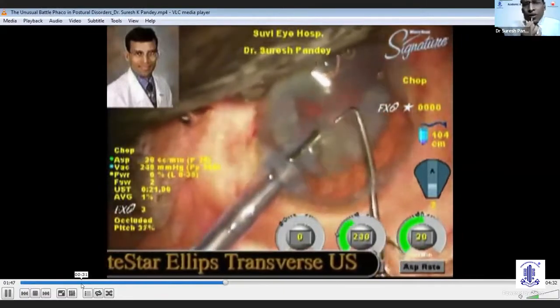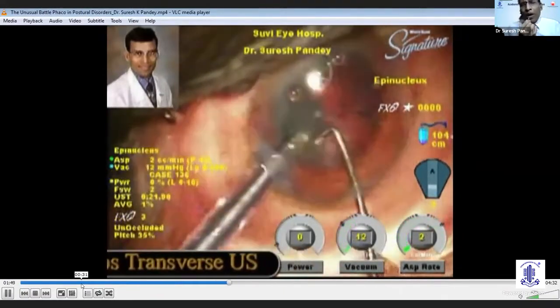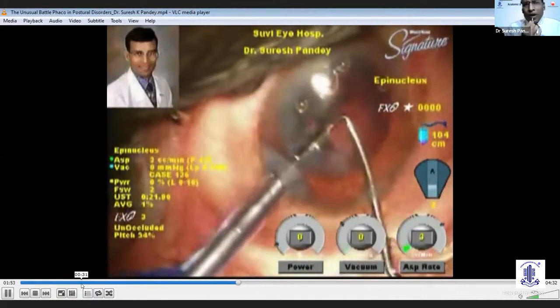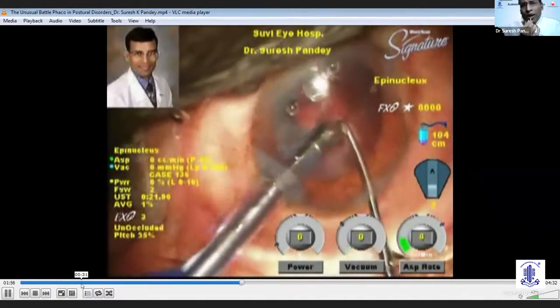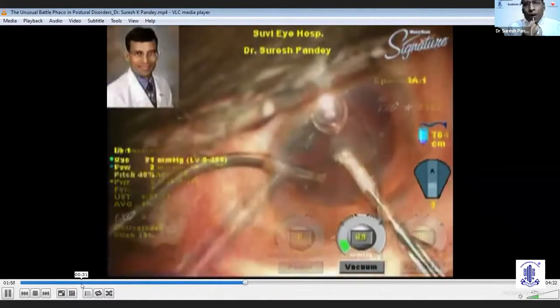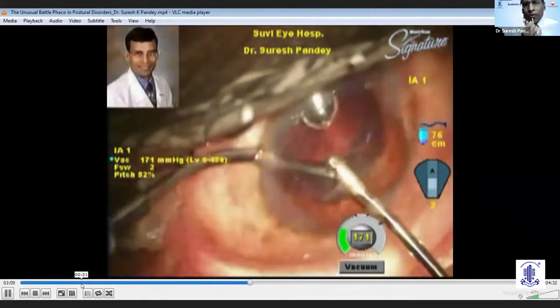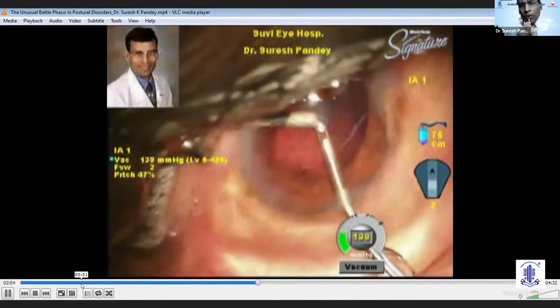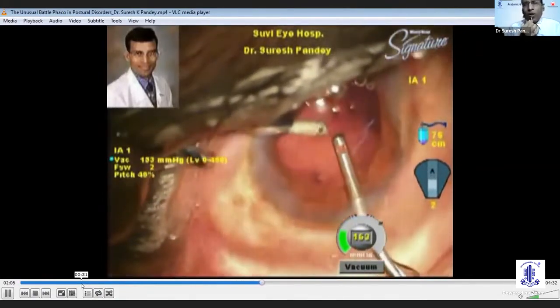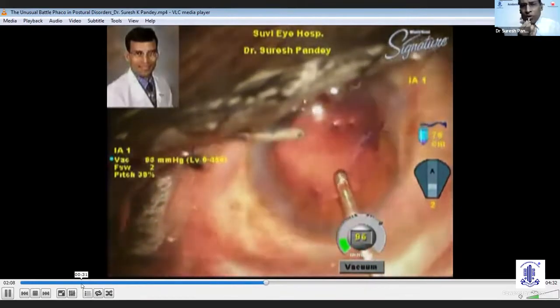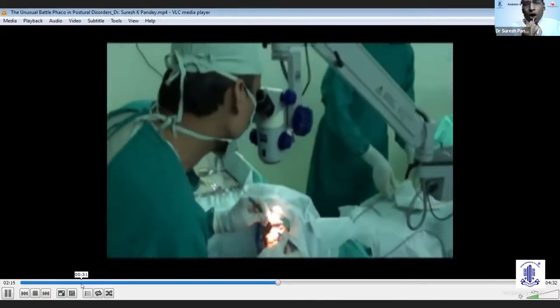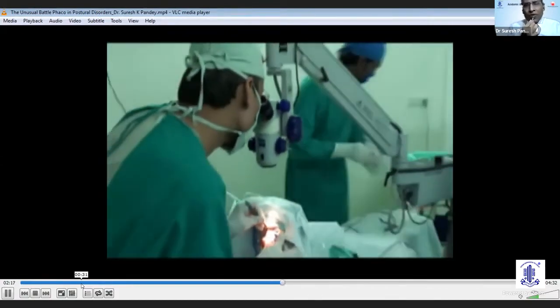The entire surgery was uneventful. We did irrigation aspiration, followed by implantation of a 3-piece intraocular lens into the capsular bag. Many times we face phacoemulsification in postural disorders, such as patients with kyphosis, Meniere's disease, COPD, or ankylosing spondylitis.